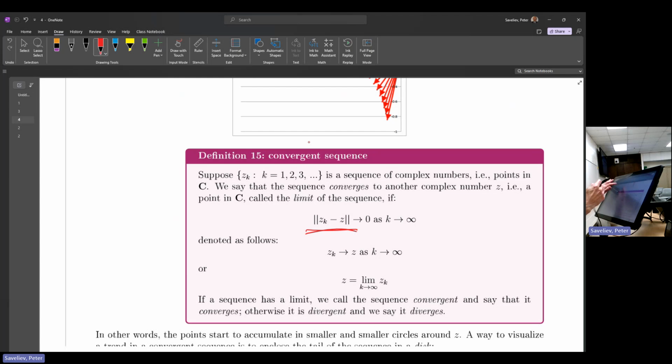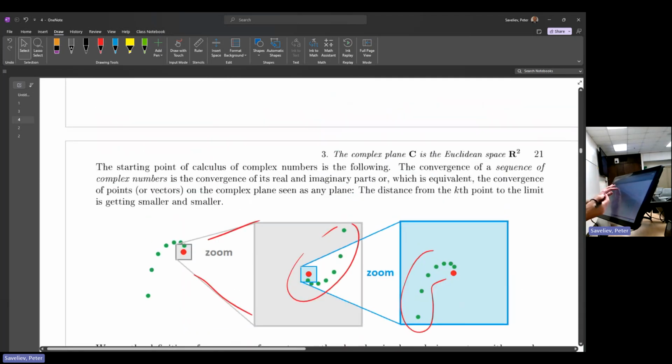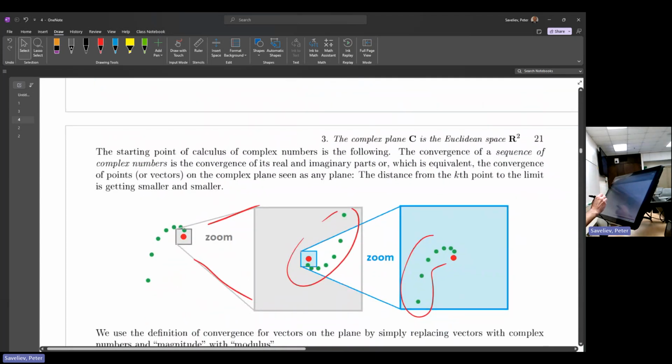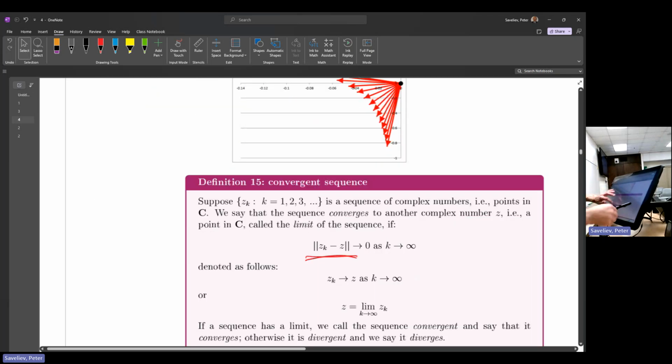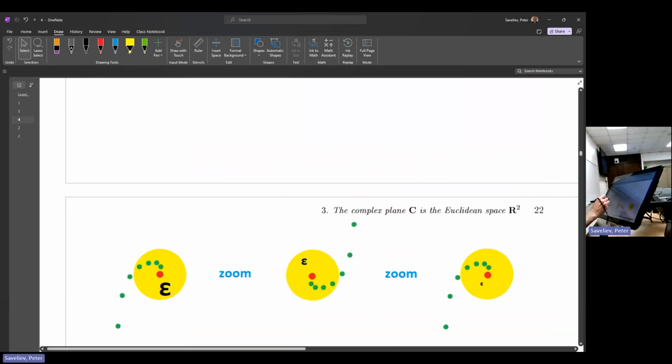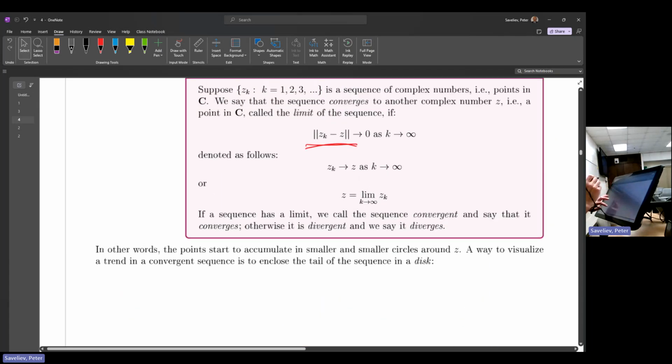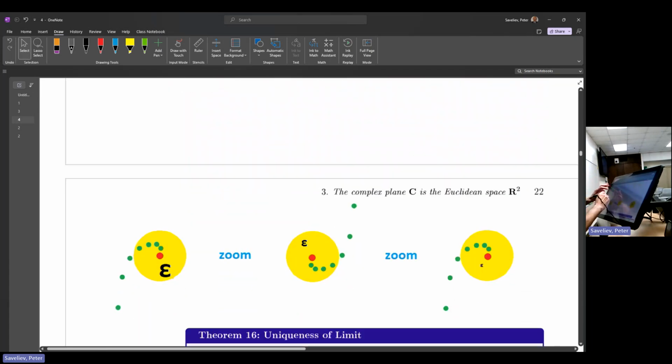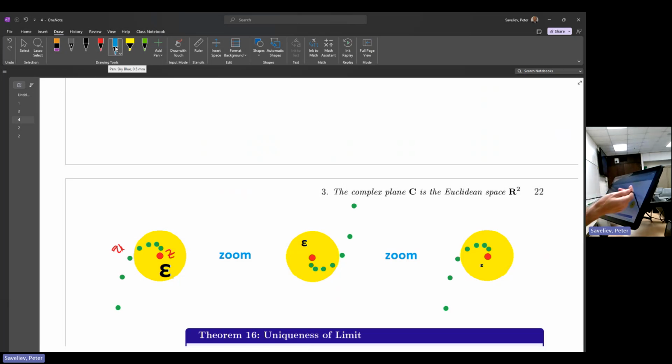Okay, so here we're converging to 0, so that's kind of obvious, but this is what we picture here. So there's a point here somewhere, we're converging towards some kind of a z. So this is zk, and it converges to z. And then how do we know? We take the distance from zk to z.